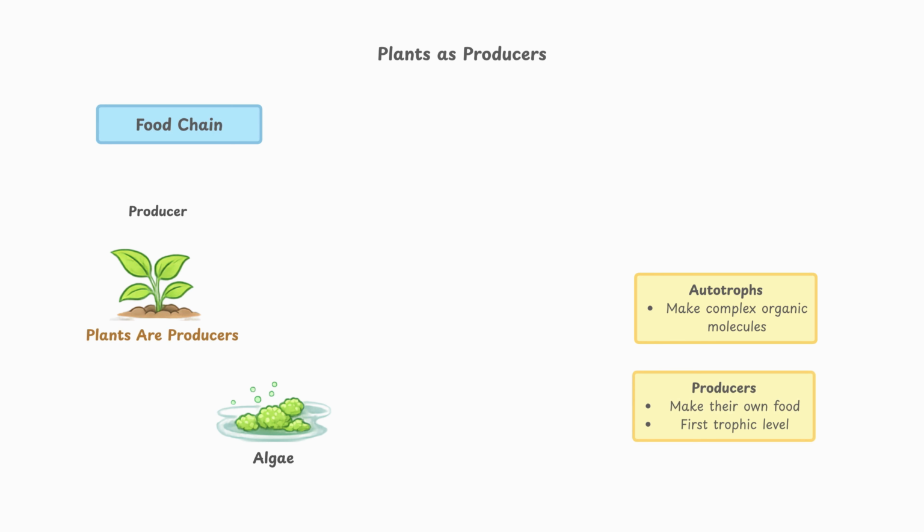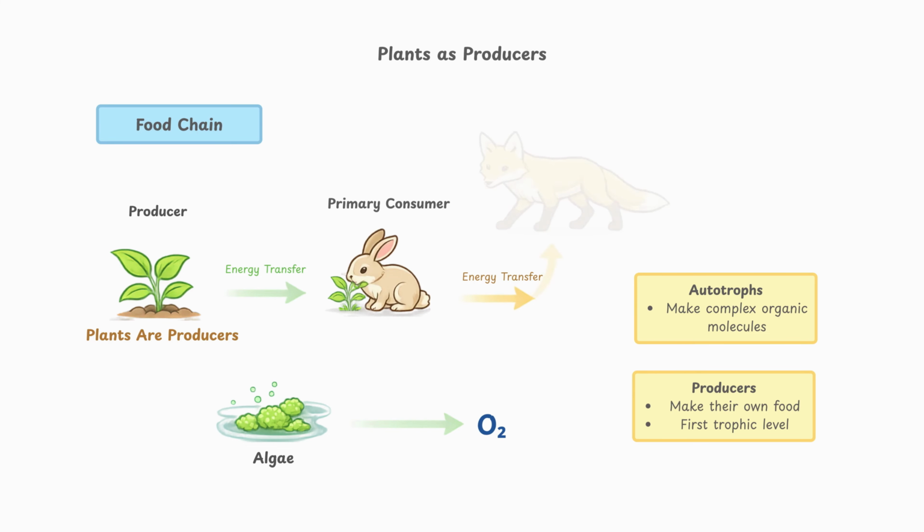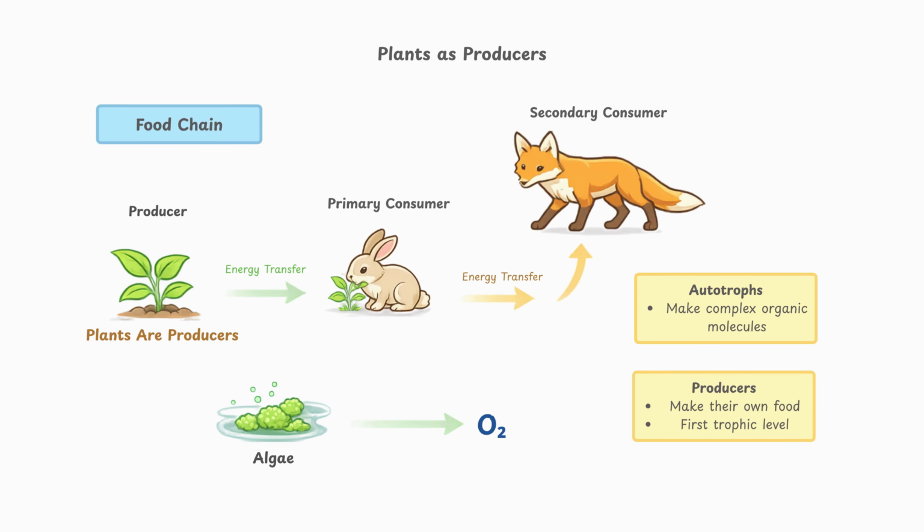A producer is an organism that forms the first trophic level in a food chain and supplies energy to the organisms above it. This is why producers are the foundation of nearly every ecosystem. Green plants and algae are common examples of producers. Without producers, there would be no source of food energy for consumers, and food chains would not be able to exist.